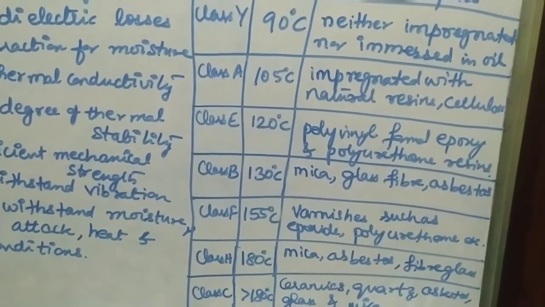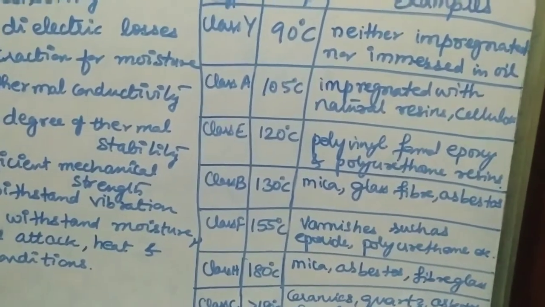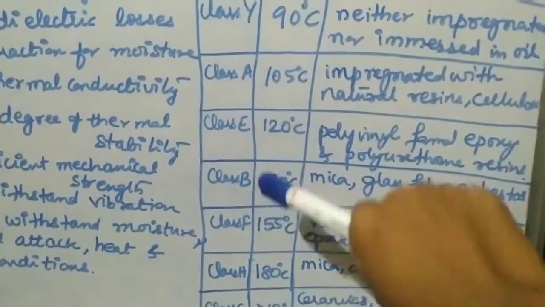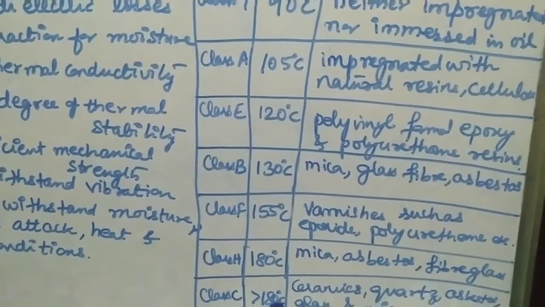That keyword you can remember, and at the beginning you need to write class Y, 90 degrees Celsius, and at the last you have to write down greater than 180 degrees Celsius.